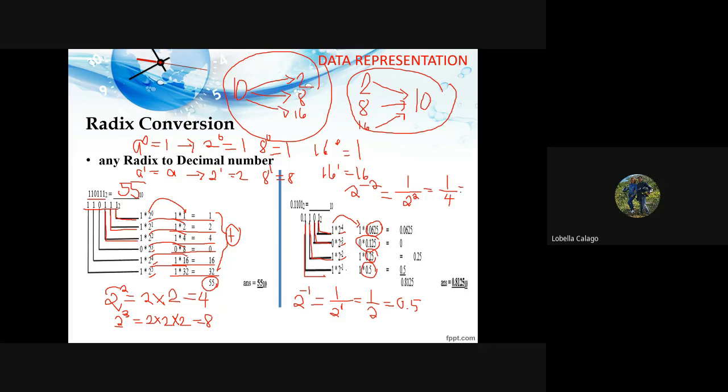So, 1 divided by 4 is 0.25. So, yun po yung nakuha dito. So, same na sa 2 negative 3. So, 1 all over 2 raised to positive 3 na siya. And then 2 raised to 3 is 8. So 1 divided by 8 ay makuha natin si 0.125. And so with the 2 negative 4.